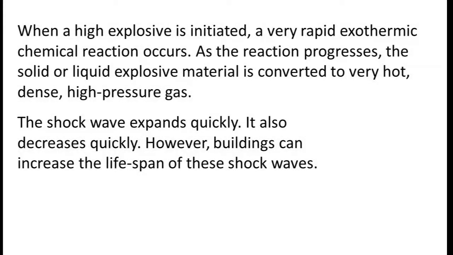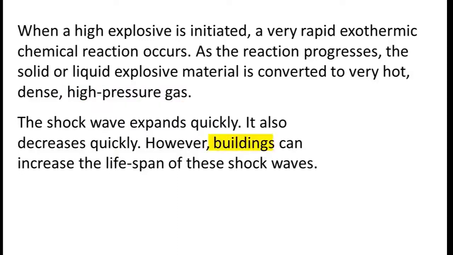When a high explosive is initiated, a very rapid exothermic chemical reaction occurs. Now, exothermic means a heat-related reaction. As the reaction progresses, the solid or liquid explosive material is converted to very hot, dense, high-pressure gas. The shock wave expands quickly. It also decreases quickly.